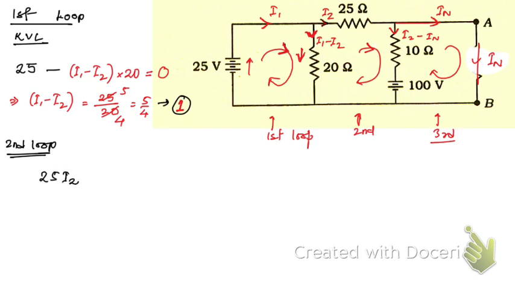The direction of this current is the same as the path that we have taken. Hope you can see this direction and this direction are the same. So we take this as negative, as I have already mentioned earlier, that if the direction of current through a resistance is the same as the direction of the path I have taken, then I consider the voltage negative.